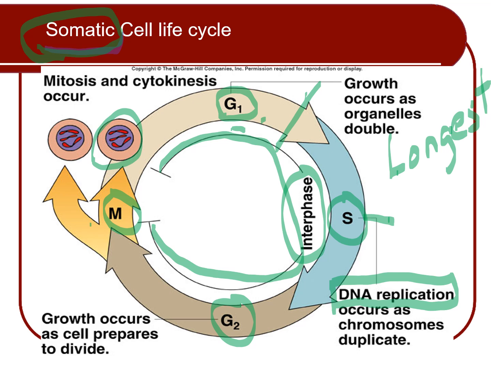When that's completed, the cell enters what's called G2 phase, and that's the getting ready to divide stage. During that time, the cell gets organized. If a cell is going to split into 2 new cells, each of those cells has to have mitochondria and endoplasmic reticulum and Golgi apparatus, and that has to all be divvied up.